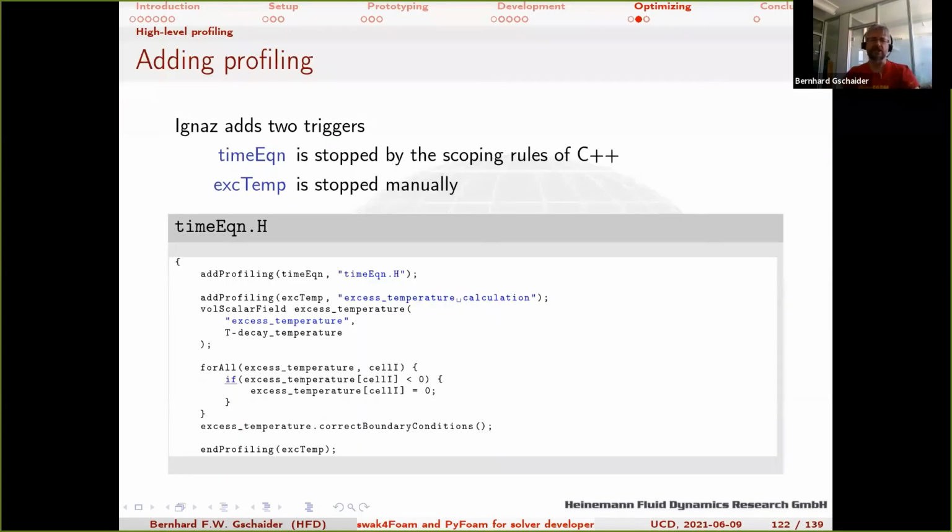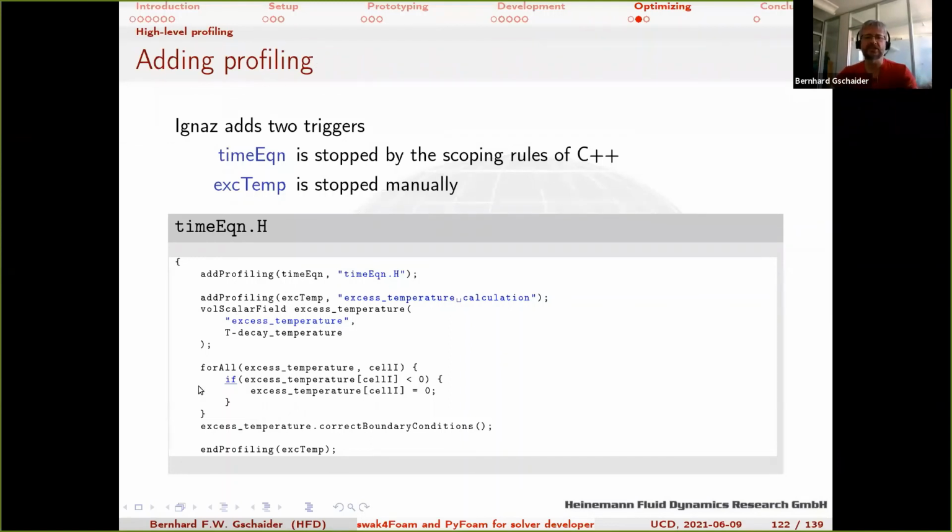For instance, here, Ignaz adds this time equation trigger. He doesn't have to end this one because it's inside of this scope, and once the scope ends, it's automatically destroyed.